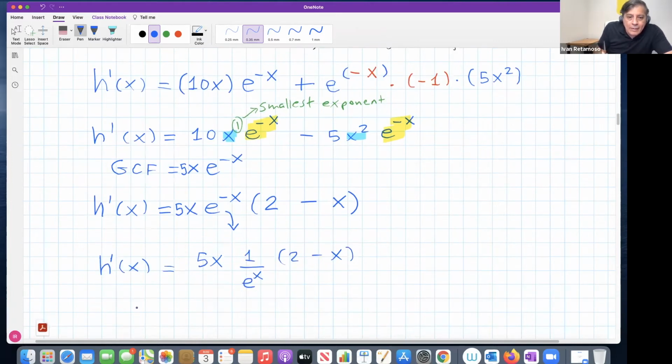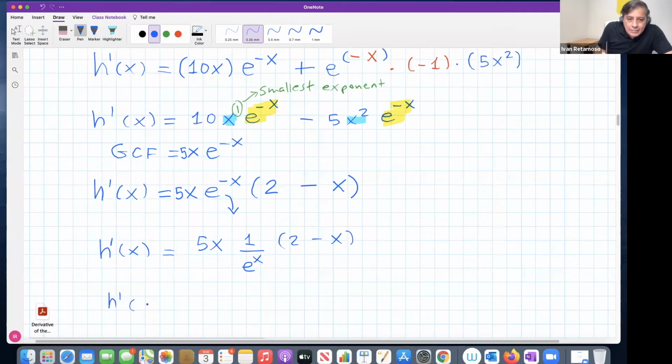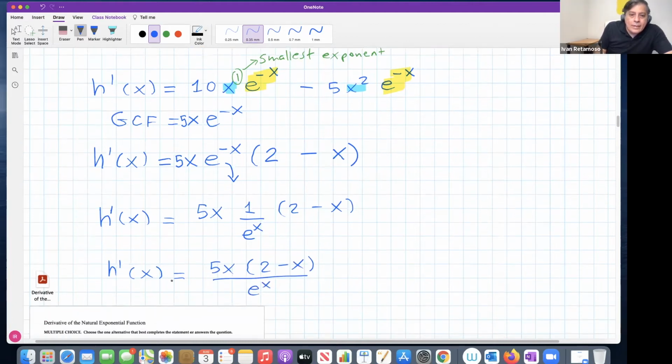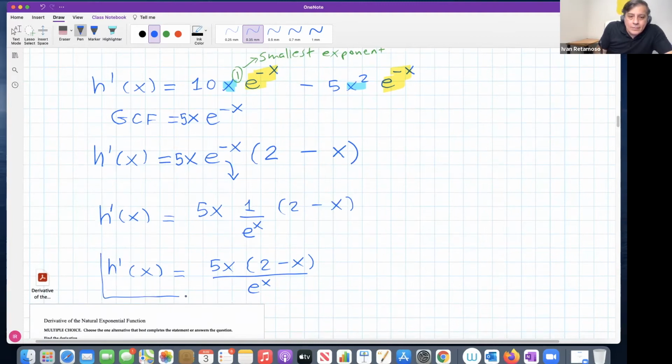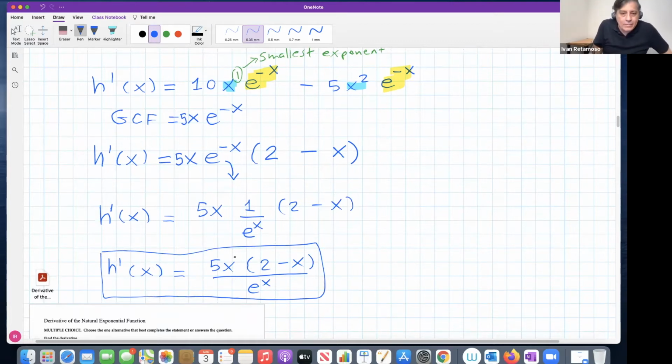And finally, you can say that your final answer is 5x times 2 minus x over e to the x. Most likely for multiple choice questions, this is the way they will present the answer. But for homework questions, you can type this in or this, the same, equivalent. So Webwork will take it.